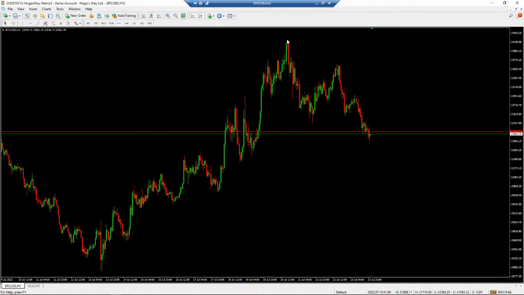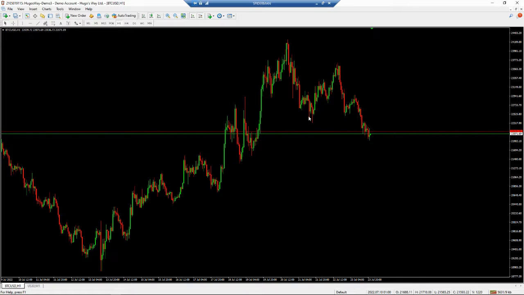So this is a higher high, and this is a higher low, and this is a higher high, and this is a higher low. But based on the fact that it changed, now it's going down, we would have to look at what broke structure and what caused structure to break.